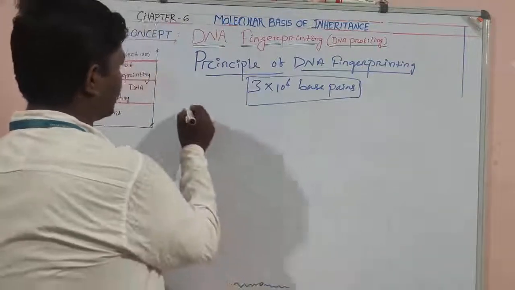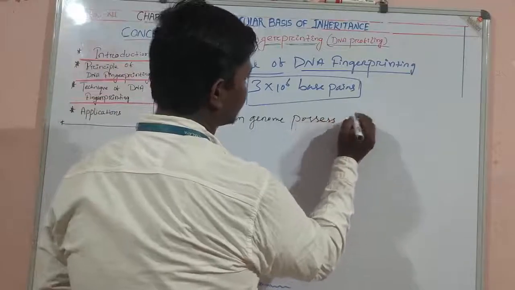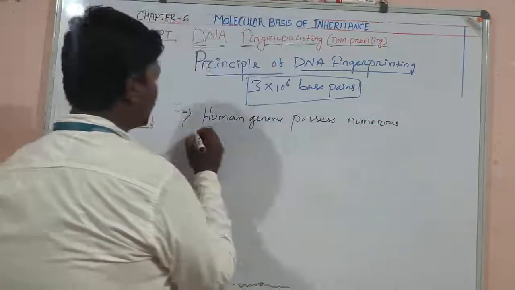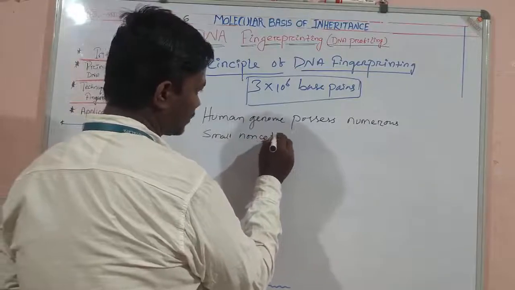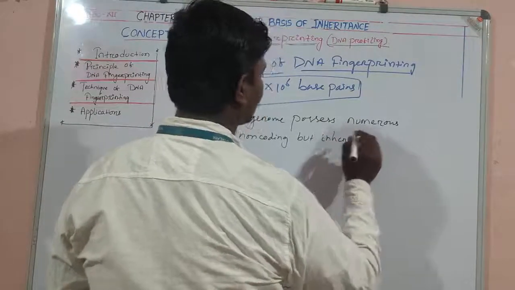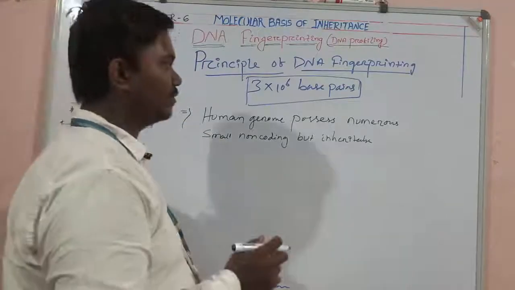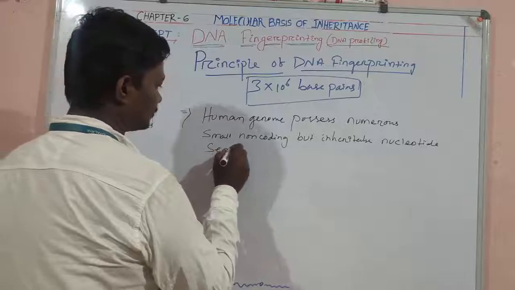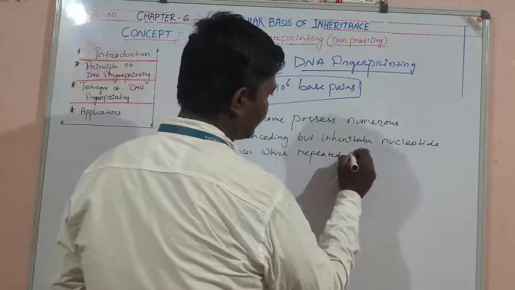The human genome possesses small, numerous, non-coding but inheritable nucleotide sequences which are repeated many times.